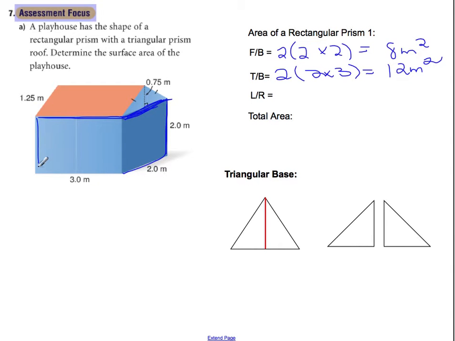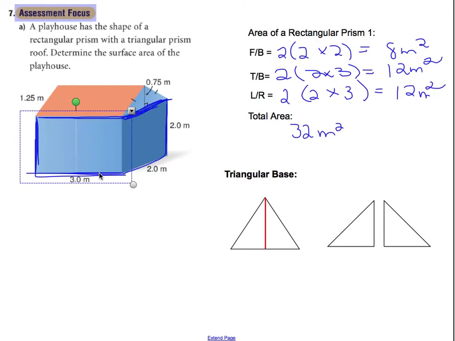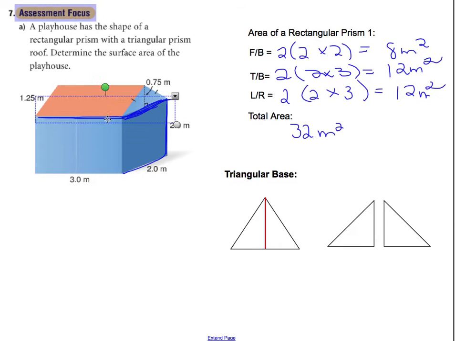I have 2 meters by 3 meters for my left and my right, and I have 12. When I add these up, I am going to get 32 meters squared. I'm just going to erase this, the messiness here.